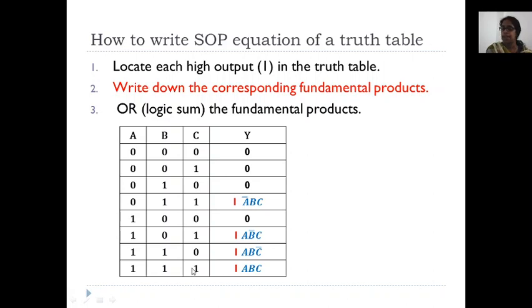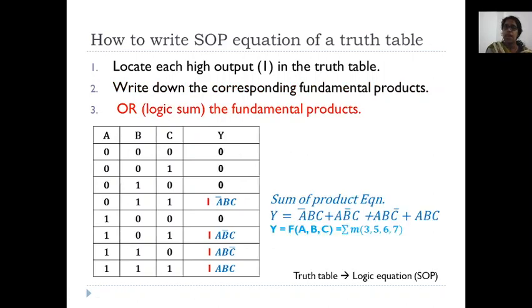Okay, then coming to the third step, you have to sum these products. It's very simple. We are entering into the sum of product equation. That is, you got 4 fundamental products here. What you have to do? You have to OR, OR means take the logic sum of the fundamental products.